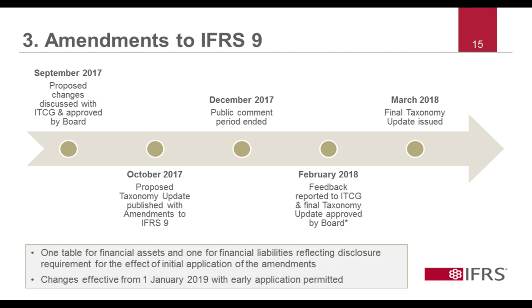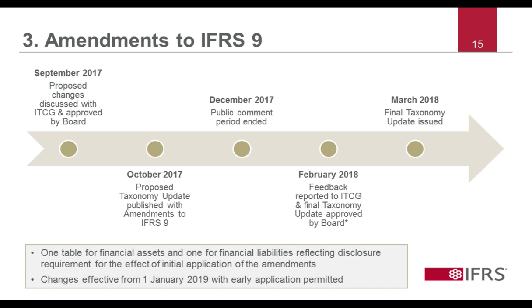Now let's move to the third group, and that is related to amendments to IFRS 9, prepayment features with negative compensation. That was published again together with the amendment to those standards published in October 2017. As a result of that publication, the IFRS taxonomy was updated to include 2 tables to reflect 1 new disclosure requirement for this amendment.